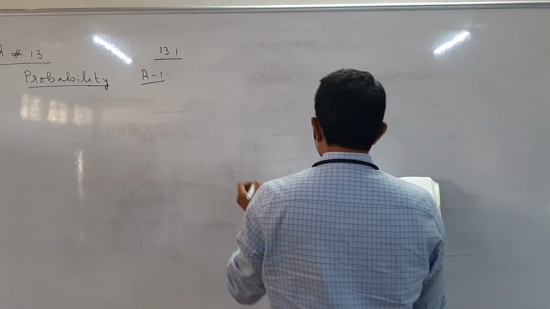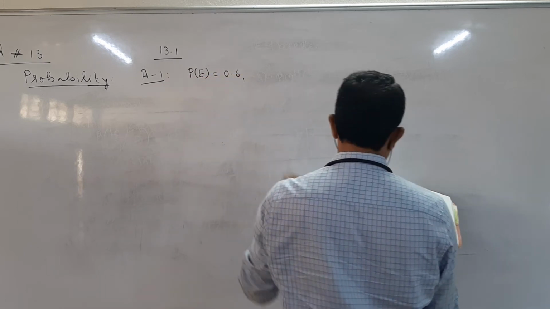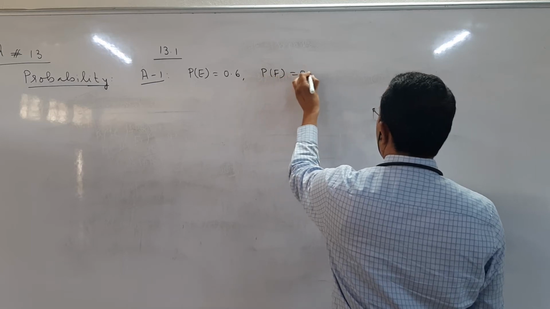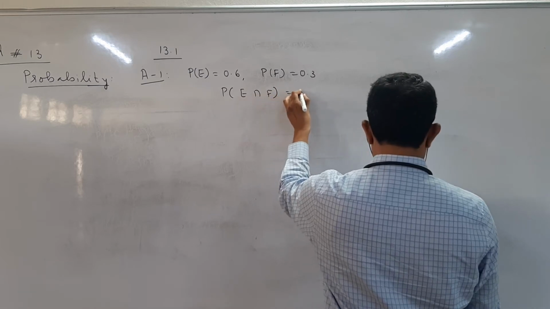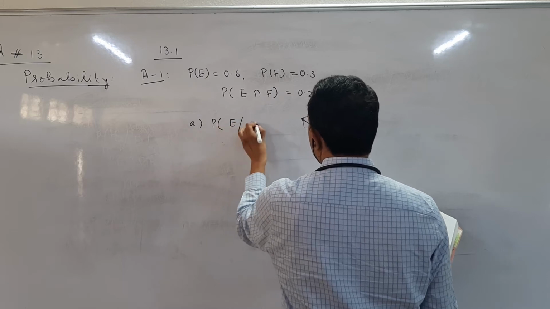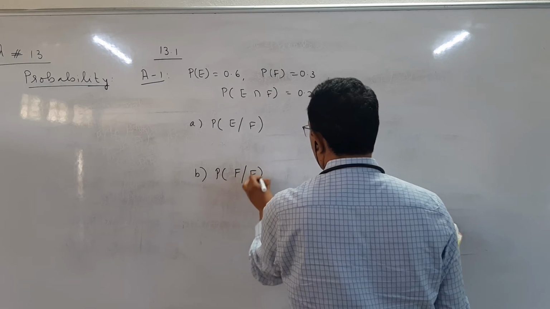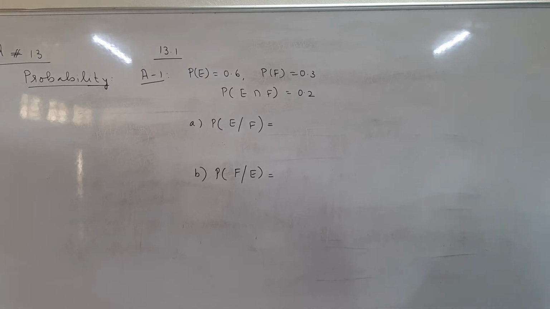Given are events E and F such that probability of event E is 0.6, probability of event F is 0.3, and probability of E and F, that is their intersection, is 0.2. In the first part, find probability of E given F. In the second part, find probability of F given E.